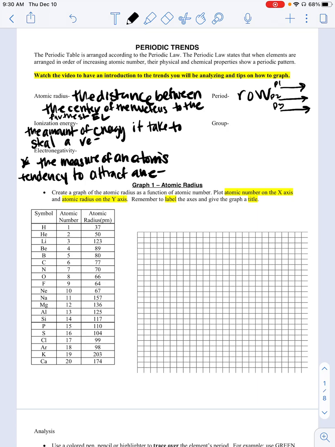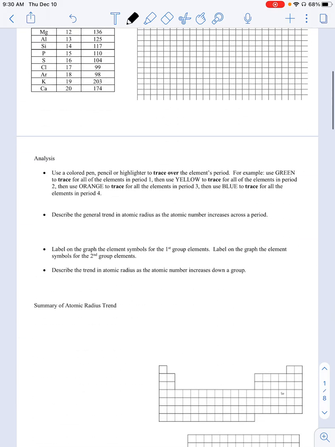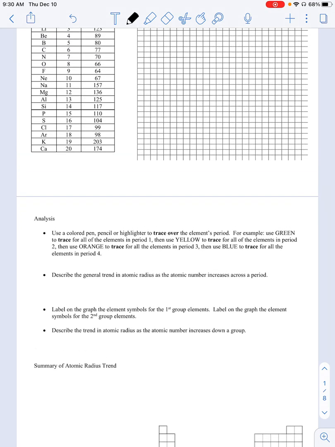Row 1, row 2, row 3. Group is when we're talking about columns. So that's like the up and down. Again, this would be group 1, group 2, group 3, and so on the periodic table. I just want to make sure you know what those words mean because you're going to see that in your analysis, where I'm asking you to go across a period or down a group.